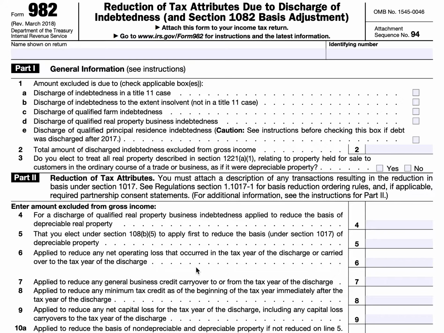As we go through this form, we'll take a moment to define each one.